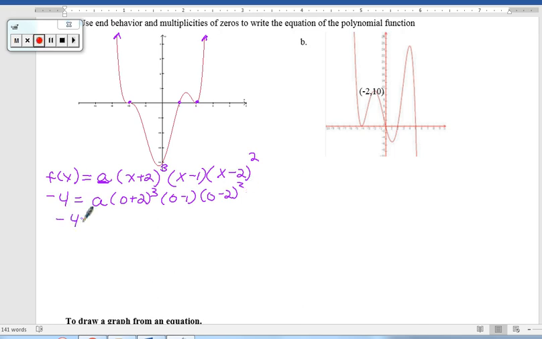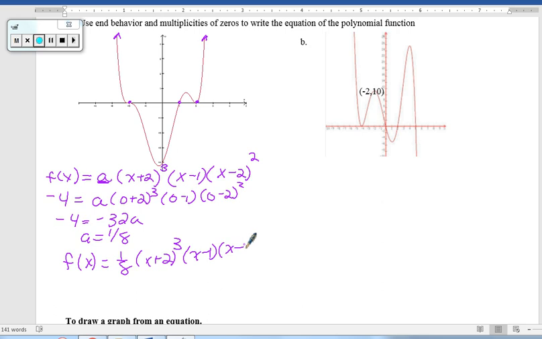We wind up with -4 is equal to -32a, and a winds up being 1/8. Once we have that constant, we can go ahead and write out the full equation. So that would be our final answer for this one here.